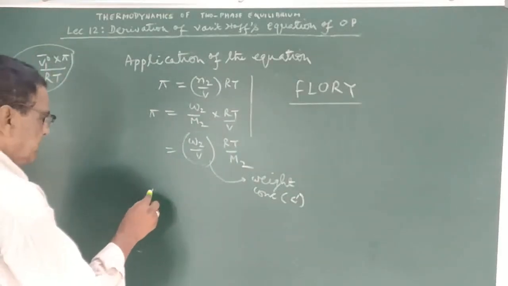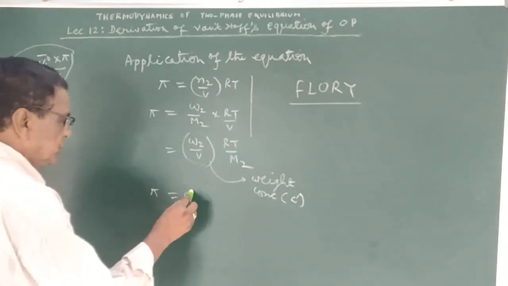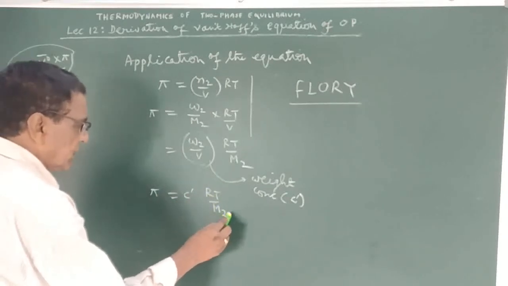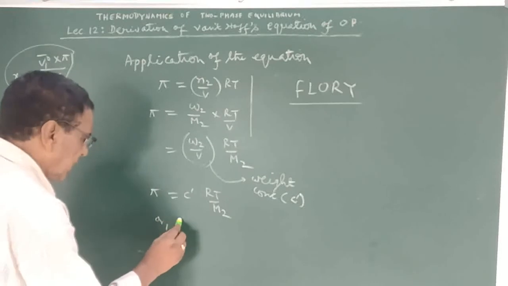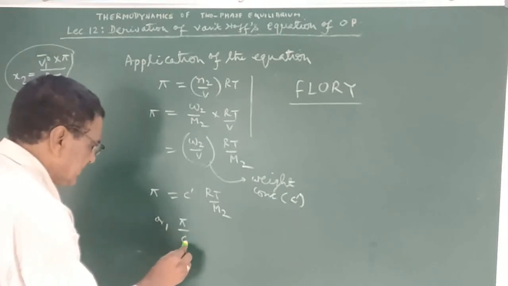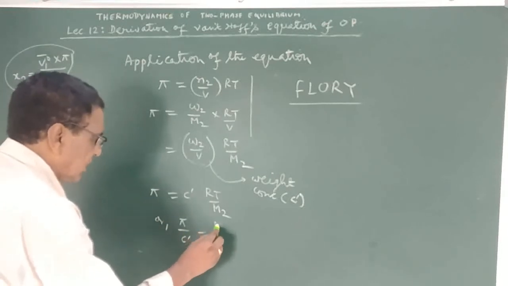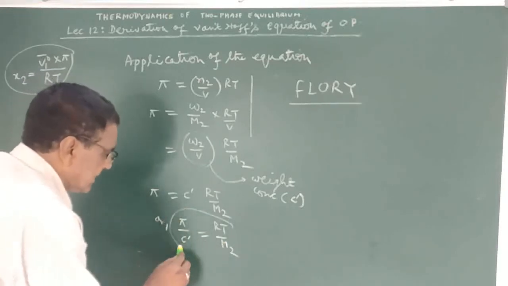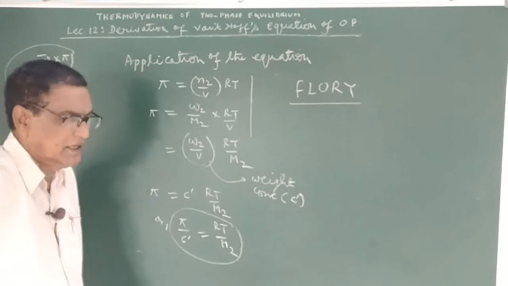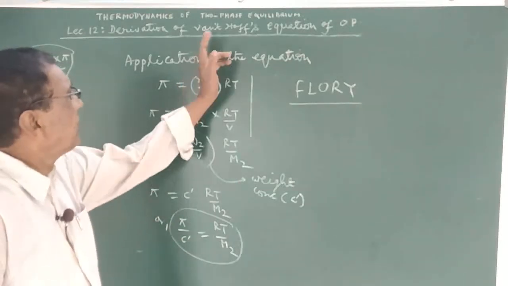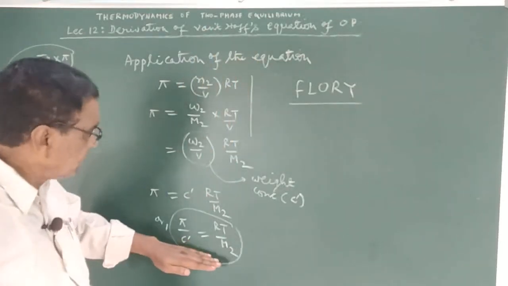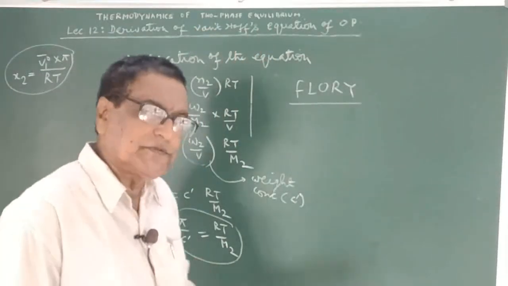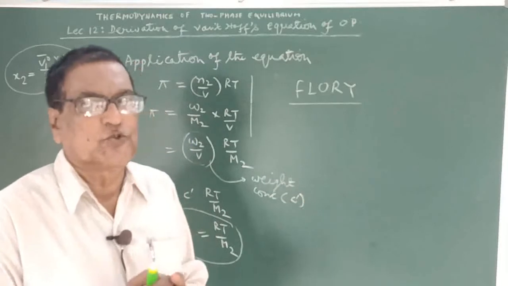So pi equals C dash into RT by M2, or pi by C dash equals RT by M2. This is one form of the Van 't Hoff equation, and it is valid for ideal solutions only.